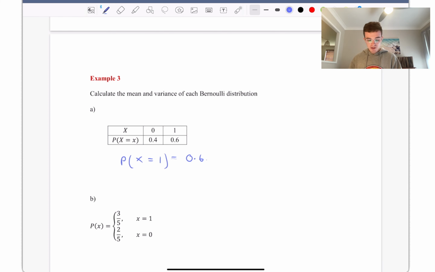If this was rolling a dice and we wanted to get a 6, I know this is not the same probabilities, but the probability of 6 might be 0.6. So that's the expected value, what we're expecting from a success. And because it's equal to p, therefore the mean is equal to 0.6, because the expected value is equal to the mean. In other words, the expected value is equal to p, and p is the probability of success.